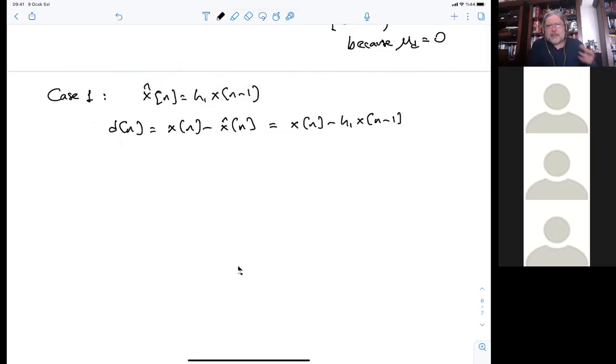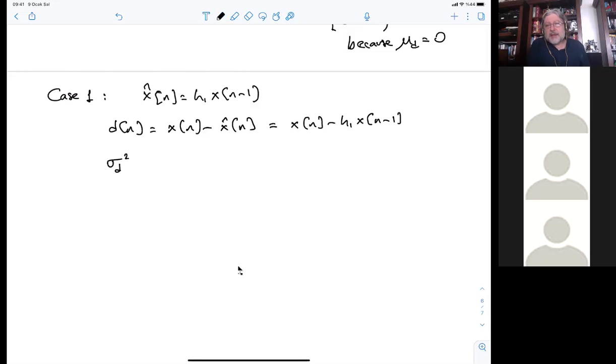Clearly, we cannot really minimize any random thing. We can only work on statistical parameters that are derived from this d of n, and we will therefore try to reduce its variance.